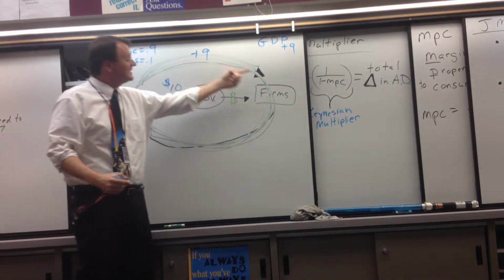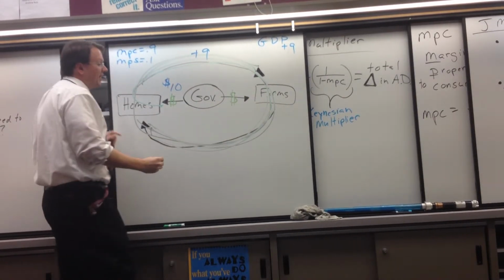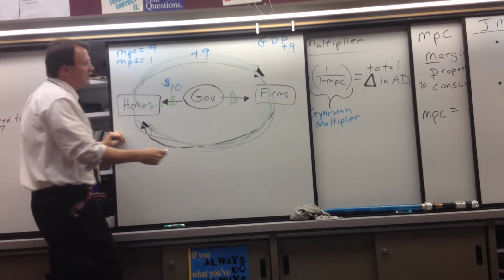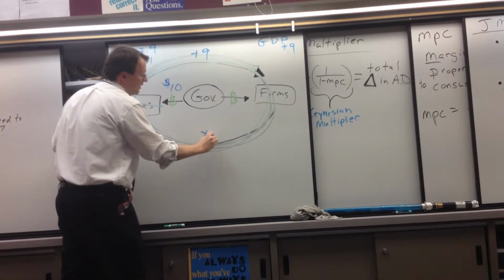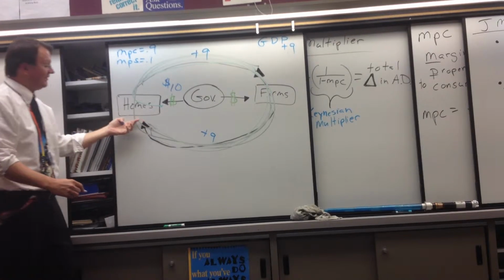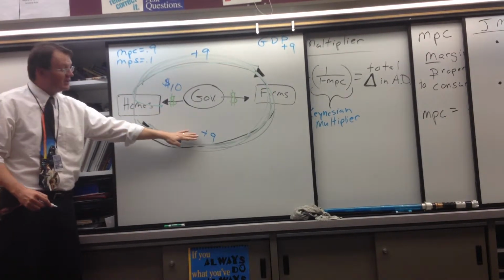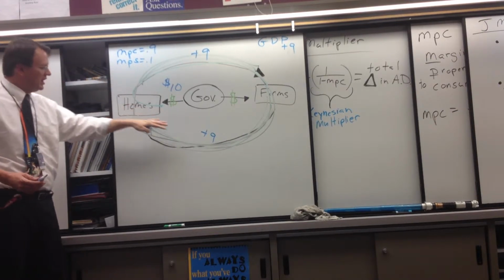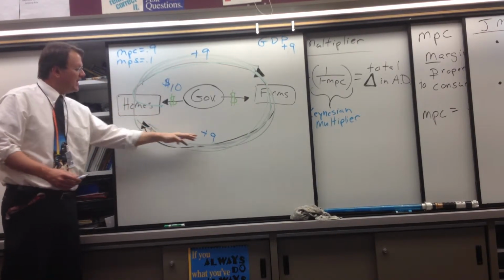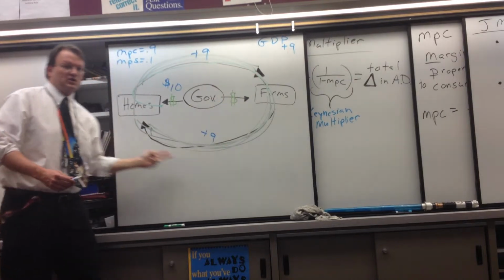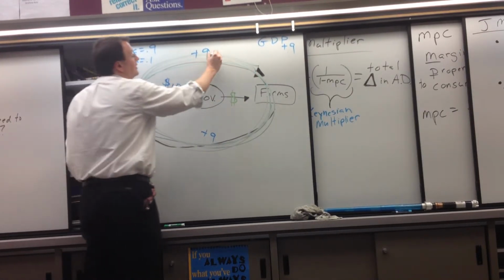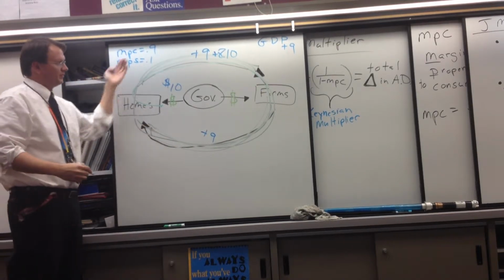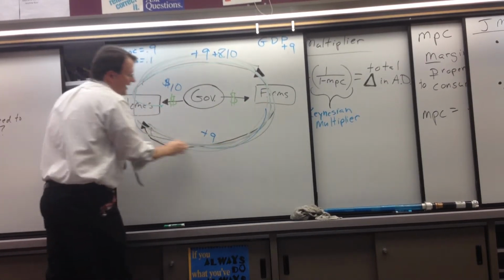But then that spending becomes someone else's income. Business firms may spend 90% too. So now business firms send that money back, and people have $9, and the next guy spends 90% of $9. So 9 times 0.9 is 8.1. So you spent $9, and now someone else is going to spend $8.10. Business firms send that back around.